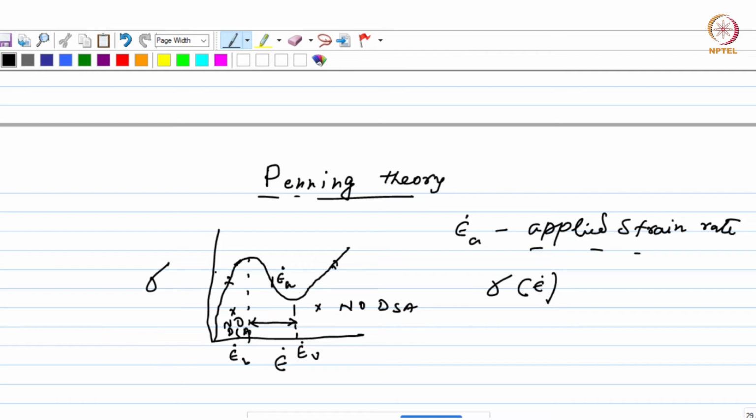So therefore, the flow stress can be written in this manner. Where H is the strain hardening coefficient.